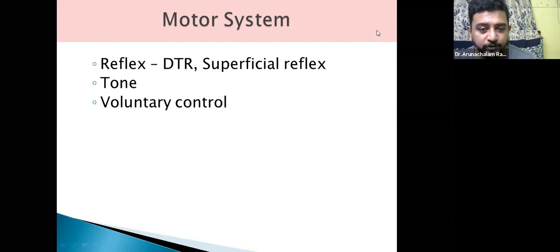Why is the toe going for extension? Why is it not going for flexion in case of an upper motor neuron lesion, but in a normal person it goes for flexion? Why is it so? Any answers?